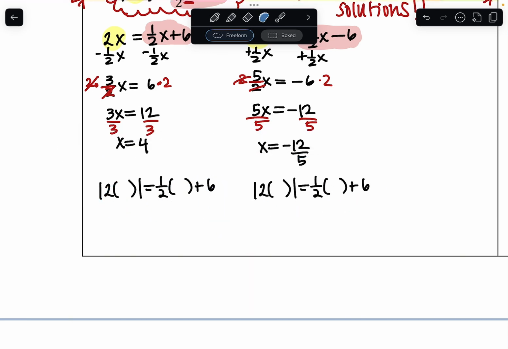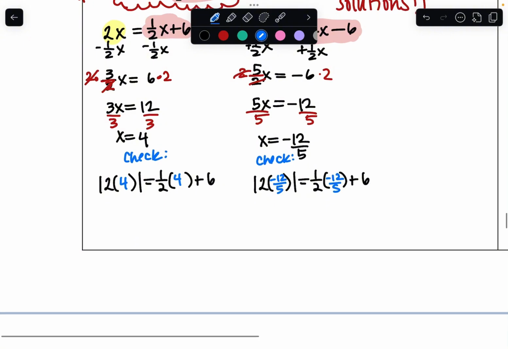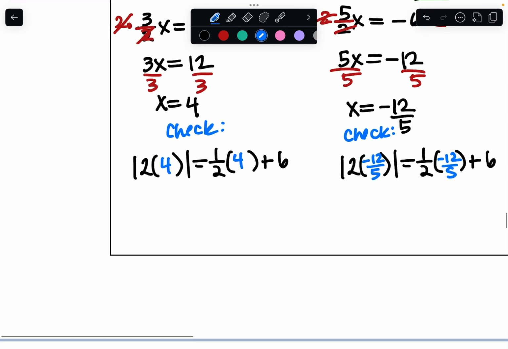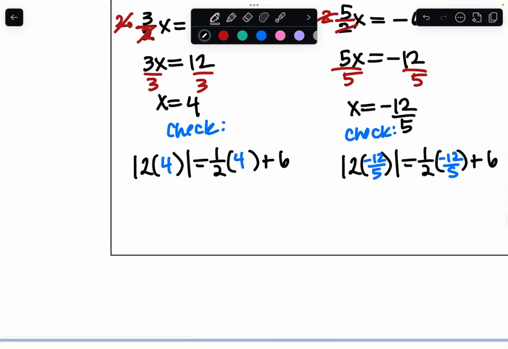Okay, in one case we are plugging in the 4. In the other case, we are plugging in the -12/5. Okay, so to check the 4, we need to make sure the left and right side stay equal.